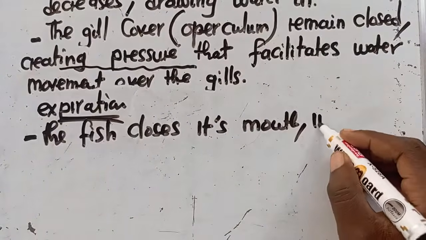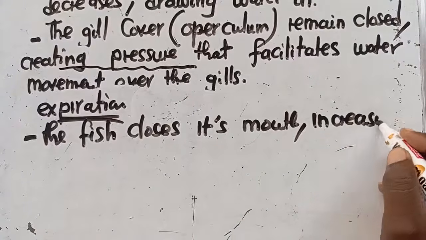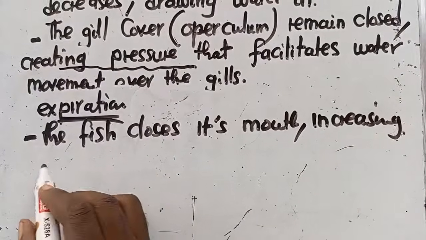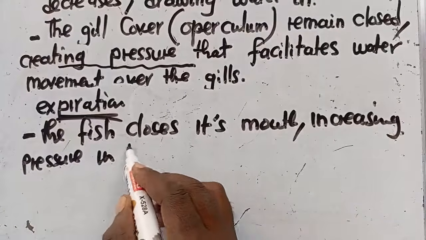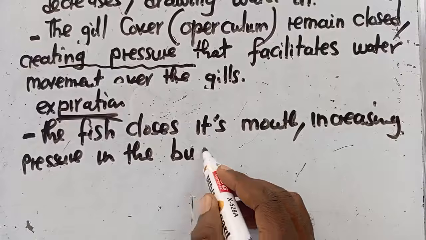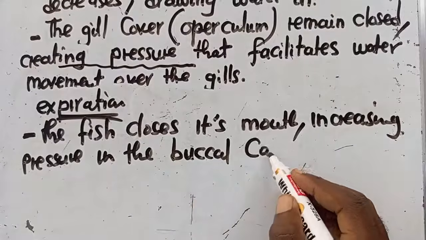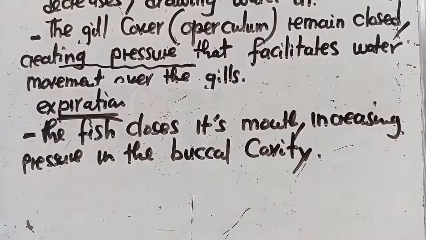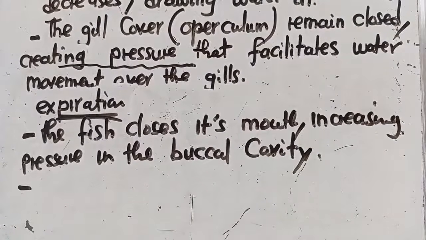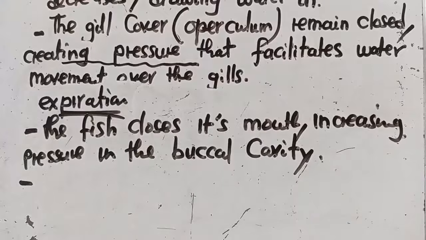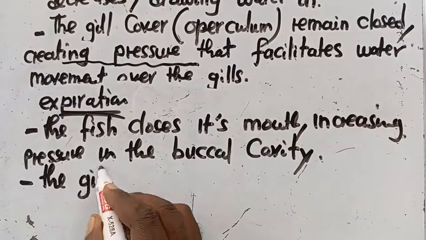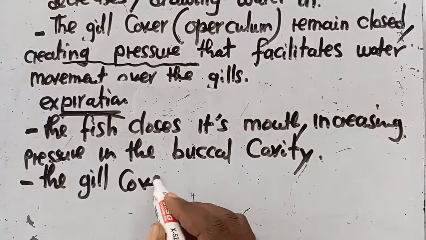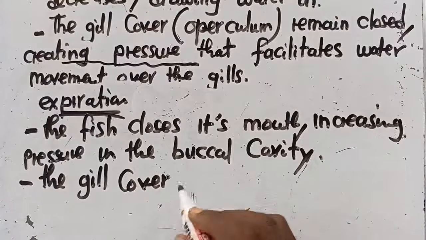So that it can increase pressure in the buccal cavity. The moment pressure has been increased in this cavity, you are going to discover that the gill covers now get to open.